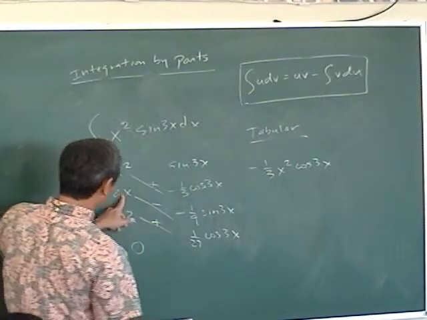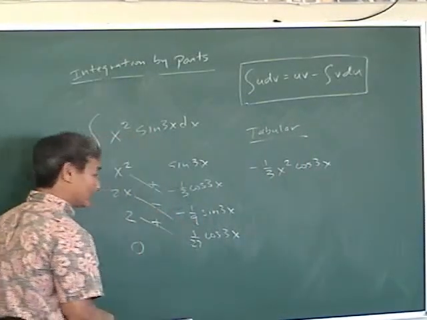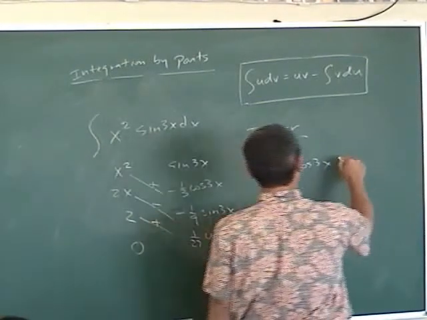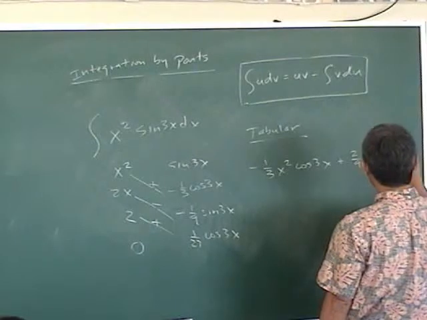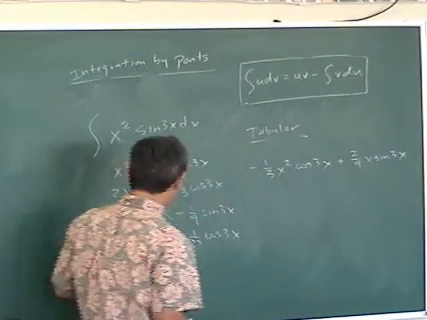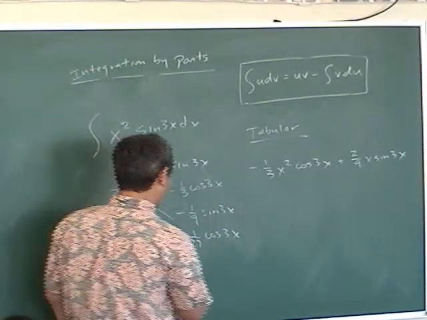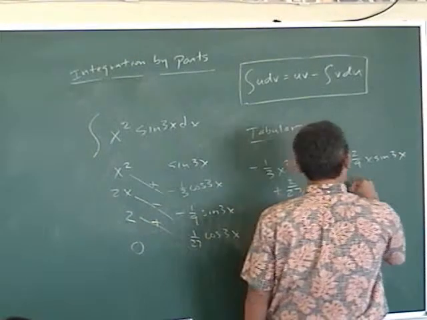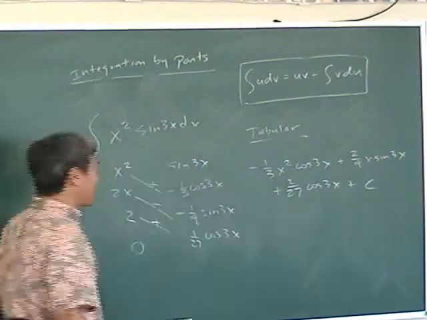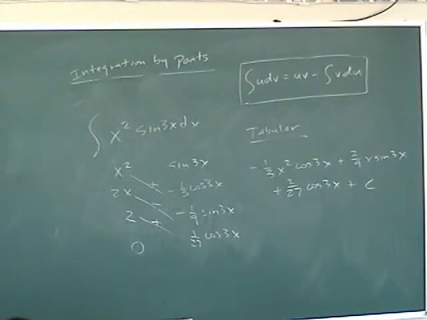Second term is going to be this times negative 1. So, plus 2/9 x sine 3x. And then the last term, this times positive 1. Plus 2/27 cosine 3x, and then you put the plus c. Now, isn't that a lot easier than doing the thing 2 times?